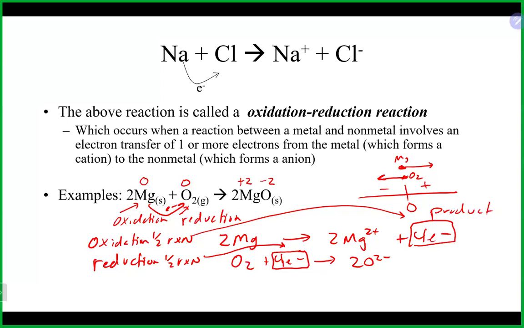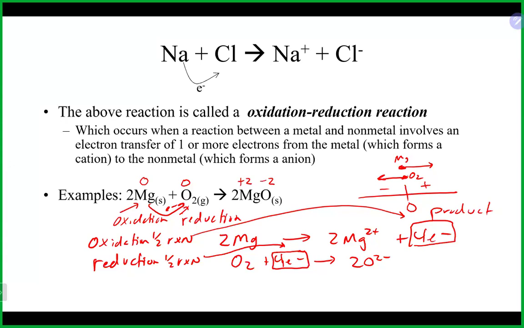What you also see in reactions is that the number of electrons are the same, because the electrons that are lost in this example by magnesium are the same number of electrons that are gained by oxygen. By the way, there are 4 electrons lost by magnesium. That is because magnesium loses 2 electrons. That's how you become positive 2.